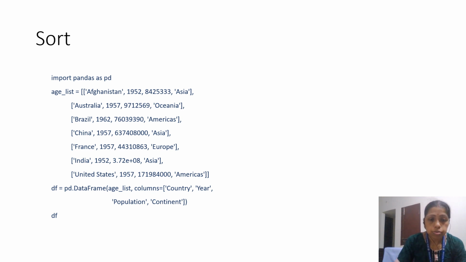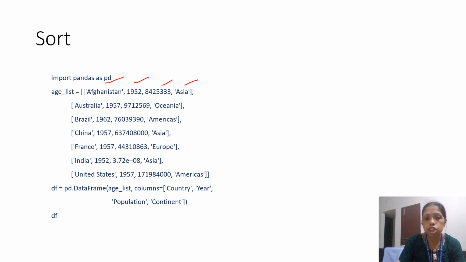Suppose you are creating one data set, here we are creating the data set in the list of lists way. Different rows we are putting in different lists. Suppose Afghanistan, 1952, some value, and Asia, some country, we are putting in a different row. So this is one list, and that is another list.